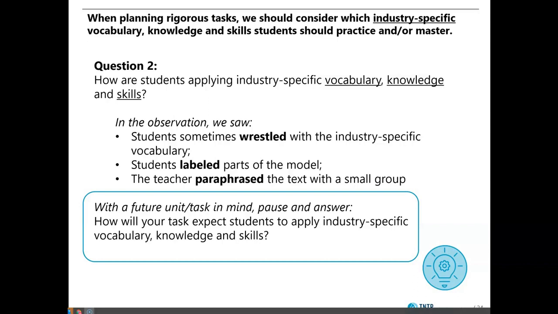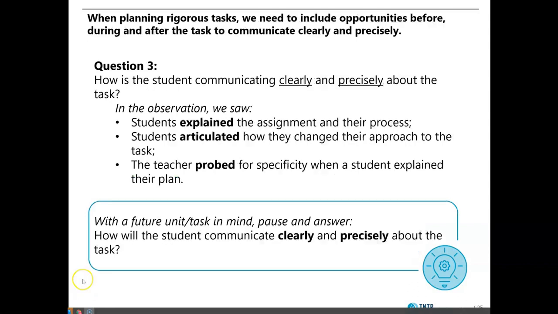At this point, please pause and think about a future unit or task and what specific industry-specific vocab, knowledge, and skills you expect them to either practice or master as a result of completing that task?